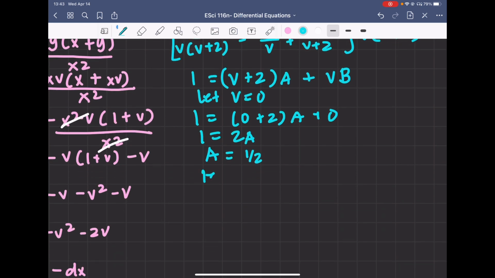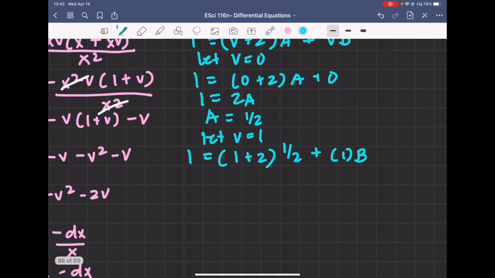We can let again v equal 1. That's 1 equals 1 plus 2 times 1/2, because we know our value for a is 1/2, plus 1 times b. Therefore, 1 equals 3 over 2 plus b. Therefore, our b equals negative 1/2.